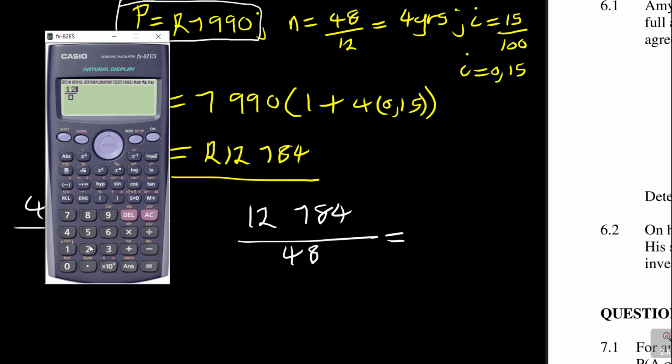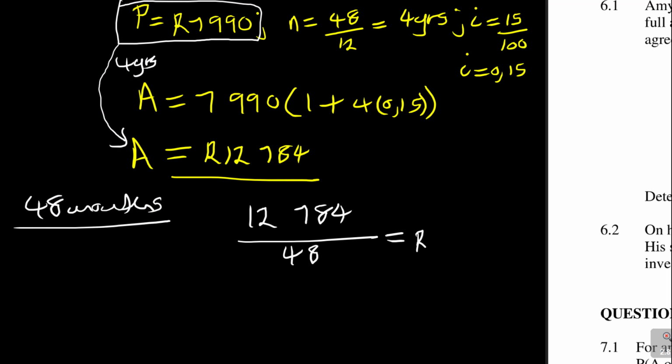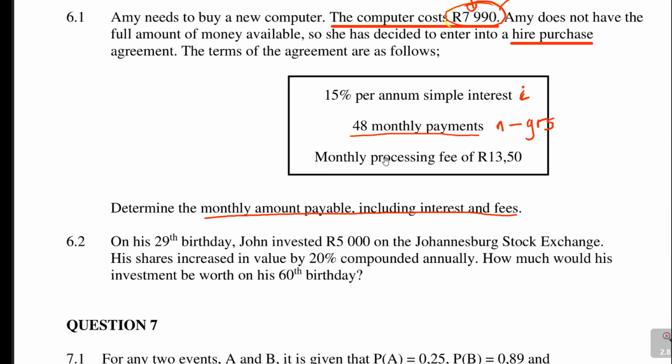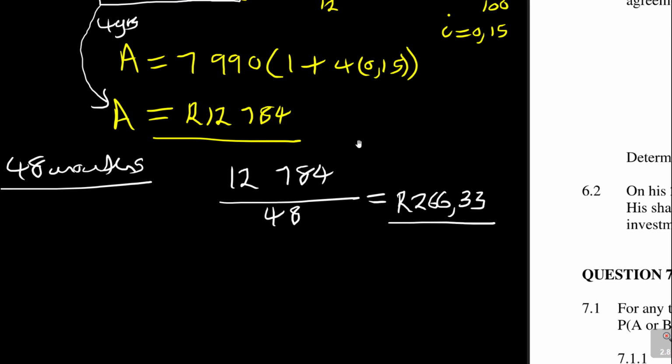So we say 12,784 divided by 48. Please be careful of this amount. So it's 266.33 here. You'll be paying this amount every month, but they say there is a monthly processing fee of 13 rand 50 every month.